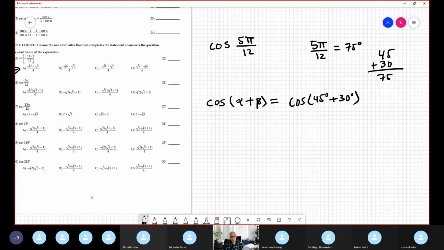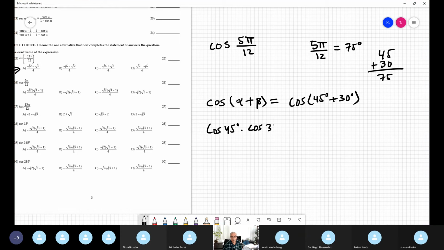If minus, yes. And the formula says cosine 45 multiplied by cosine 30 minus sine 45 sine 30 degree. The formula is weird because the plus inside is minus outside.